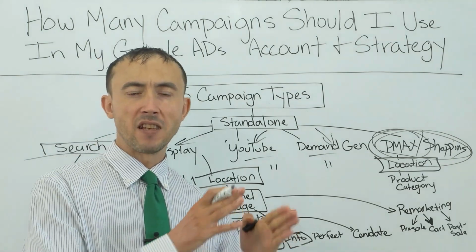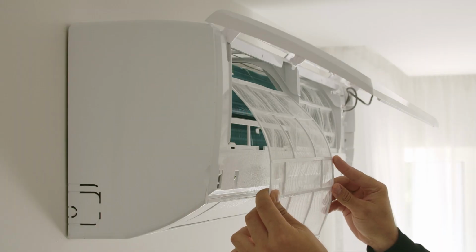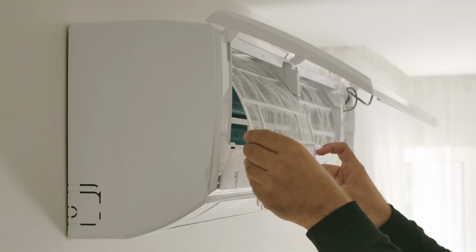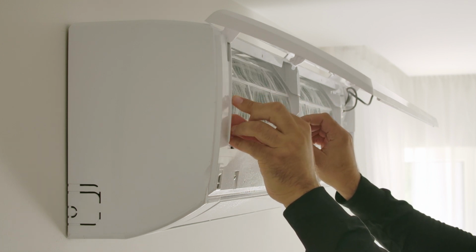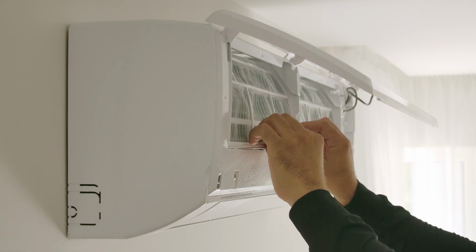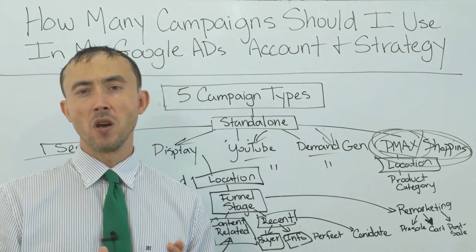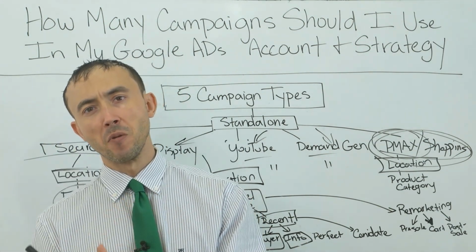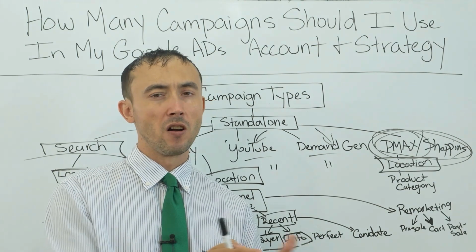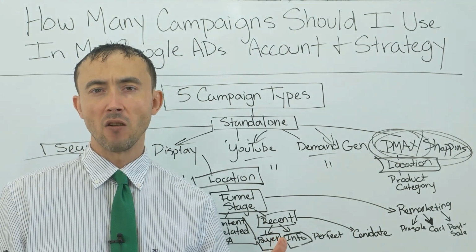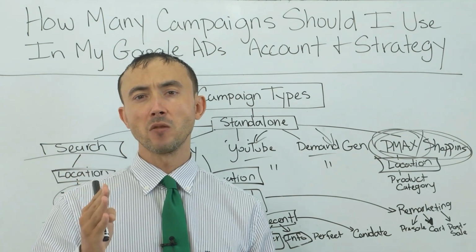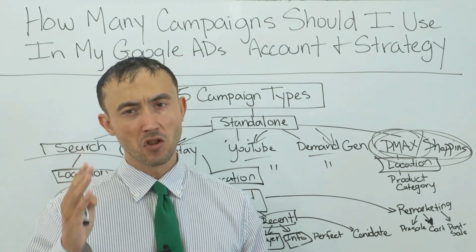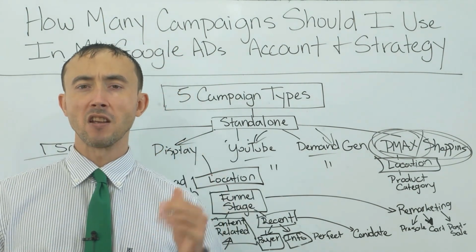We broke the campaigns out into AC installation and AC repair, which I didn't even talk about doing at this level, which is why I told you that you kind of have to think a little bit for yourself. What we did is we understood that people searching for repair versus a new installation are very different, so we should break those out. And mainly for the reason, like I was talking about earlier, that the value per sale is so much different for a repair customer versus an installation customer.